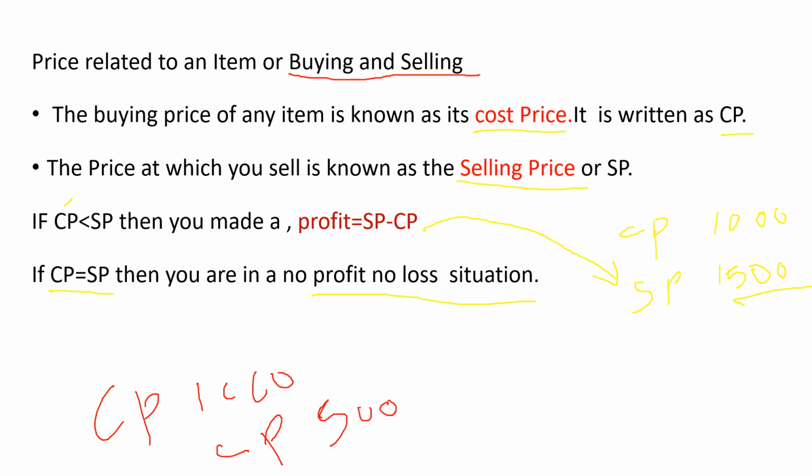So your cost price is greater and selling price is smaller. So this means loss, because you spent 1,000 rupees but you sold it for only 500.